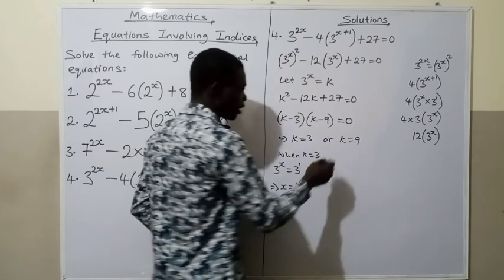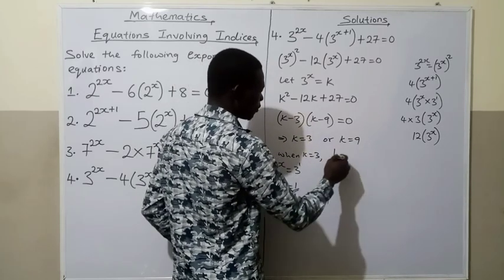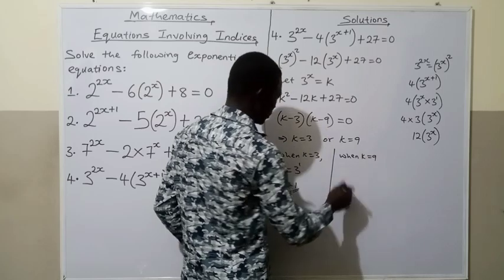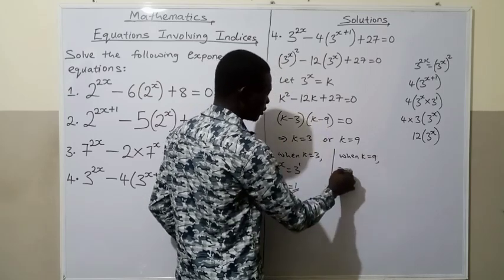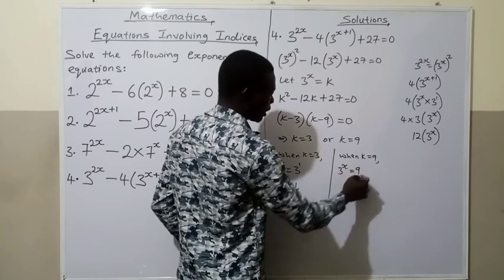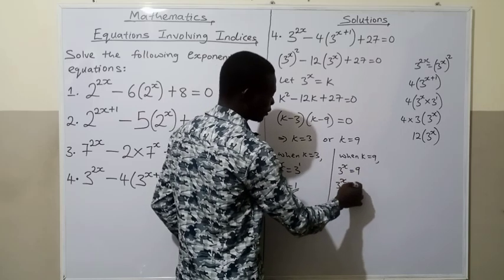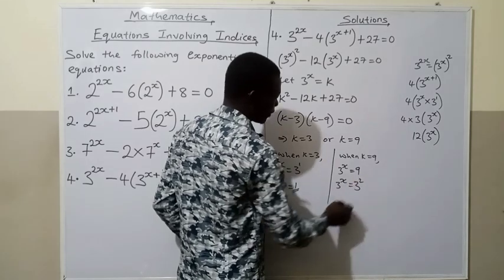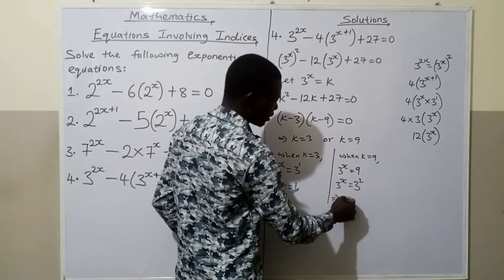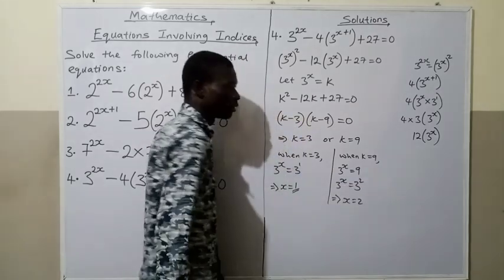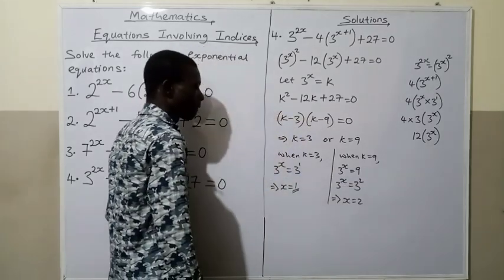Or, for the second one, when k equals 9, it says that 3 raised to power x, according to what we have here, will be equal to 9. And 9 is one of the families of 3, the same thing as 3 raised to power 2. What does that imply? It means that x equals what? 2, when you equate the two powers.